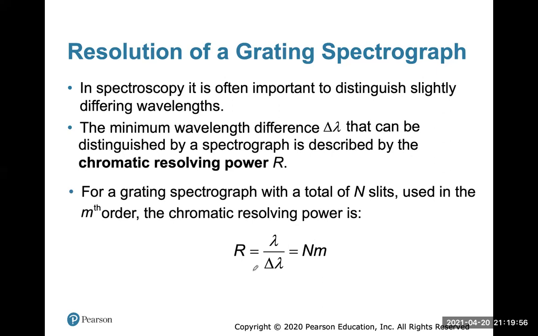What wavelength can we see out of delta theta? Now, delta lambda is that minimum difference between wavelengths so that we can see that there is a difference.